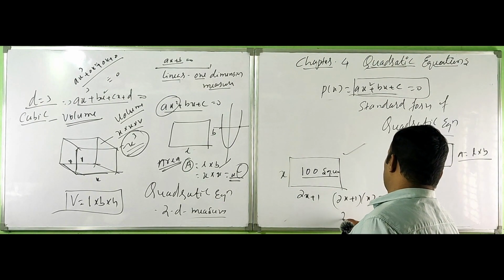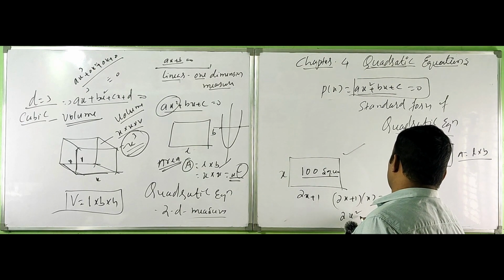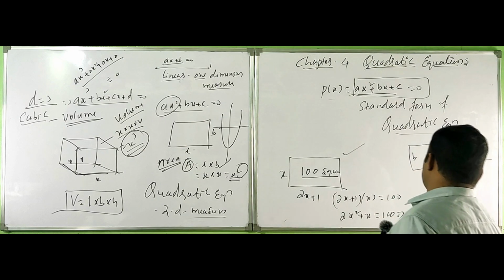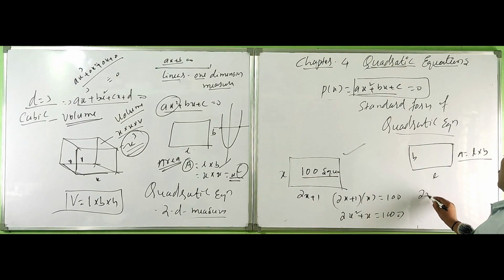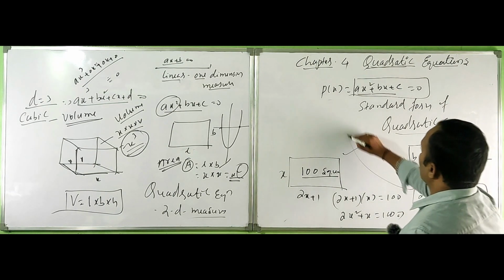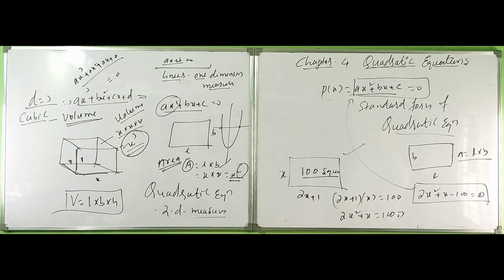This becomes 2x square plus x is equal to 100. This implies 2x square plus x minus 100 is equal to 0. Now the standard form ax square plus bx plus c is equal to 0 becomes 2x square plus x minus 100 is equal to 0.